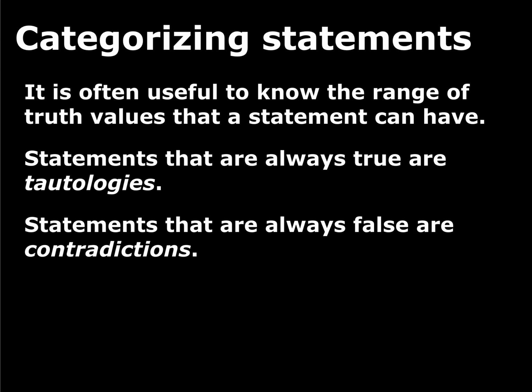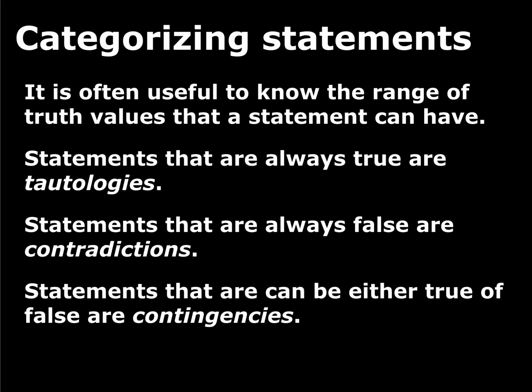On the other hand, there are statements that are always false. They can't possibly be true, and we'll call those contradictions. And finally, there are statements that can be either true or false. That's a typo there. And we'll call those contingencies. So these are the three categories of statements in terms of the range of truth values that that statement can take.